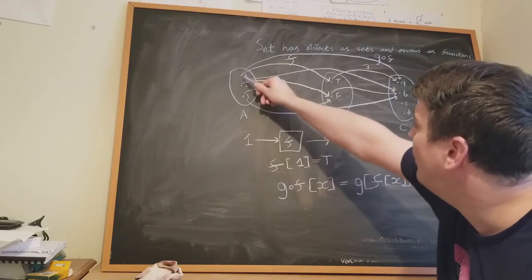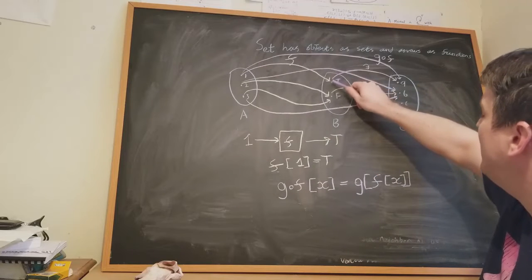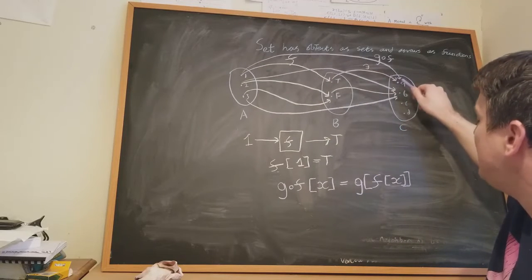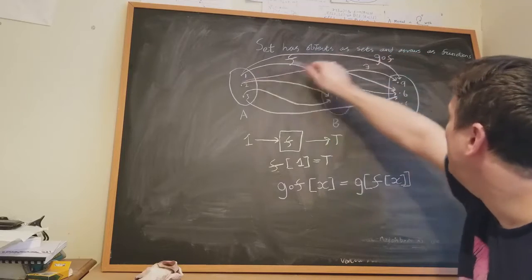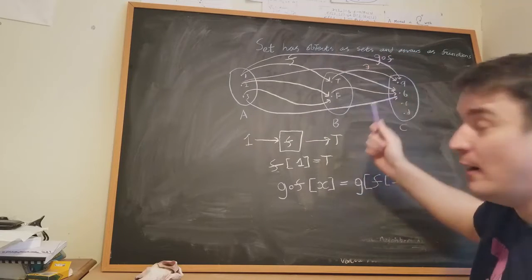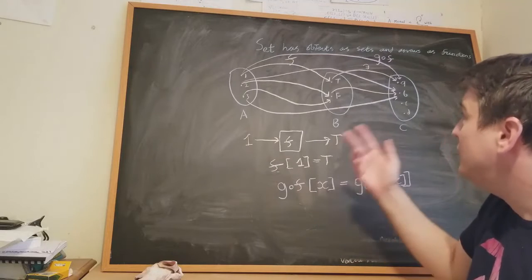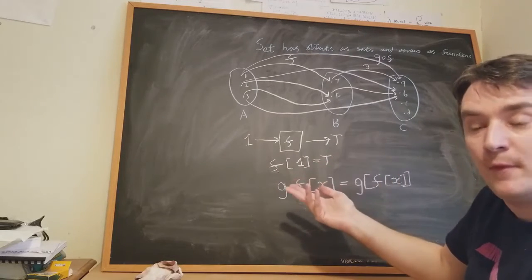So if we start with 1, we apply f to it, we get t, then we apply g to it, we get a. Therefore, g after f of 1 is equal to little a. Okay, so we can compose our arrows.